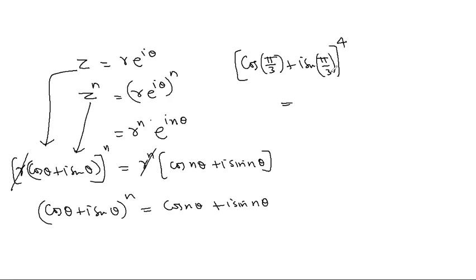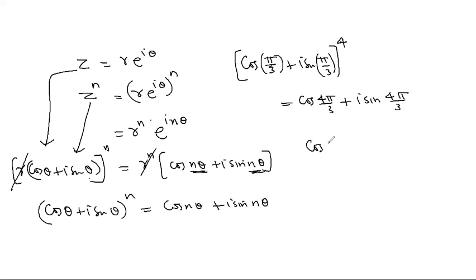I can directly write this 4 inside this bracket. So cos 4 pi by 3 plus i sin 4 pi by 3. If you have a power n for cos theta plus i sin theta, that power n will become n theta.